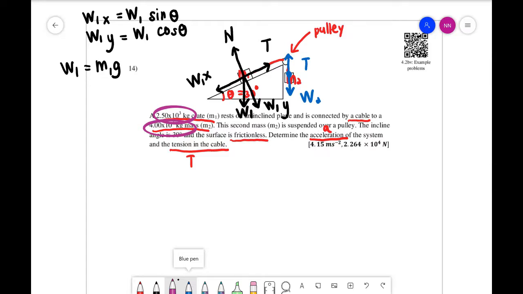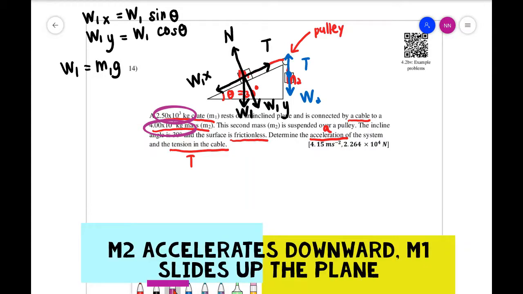So M2 will move downward, will accelerate downward because its mass is greater, and it will pull M1 up the plane. Like this.